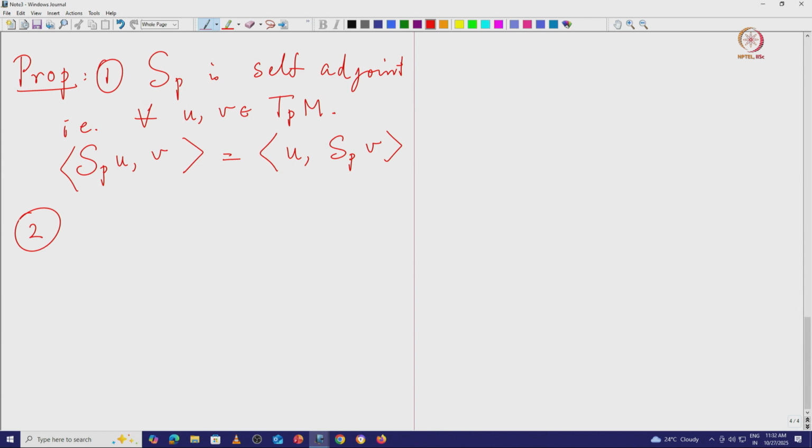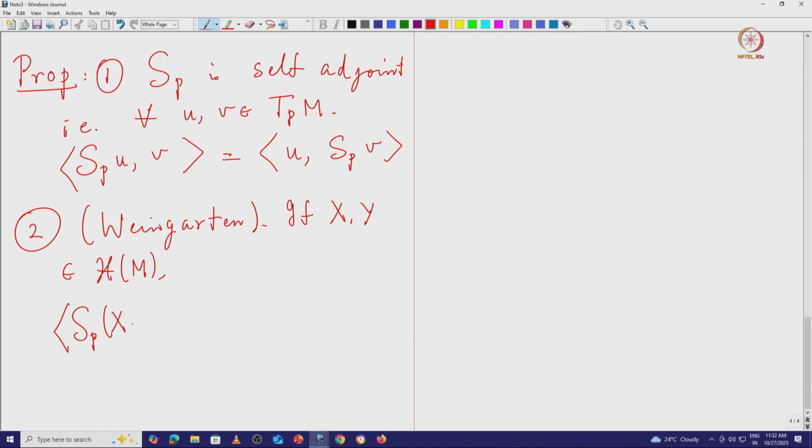Okay, the second point is I can now rewrite the Weingarten equation for the shape operator. So if x y are vector fields on M, then in fact if you compute the shape operator on xp inner product with yp, this is the second fundamental form. By the Weingarten equation, this is given precisely by this.